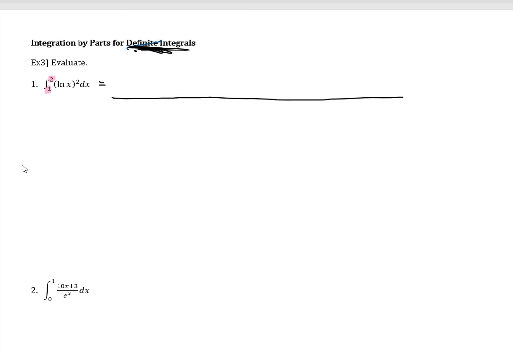But it's usually best to just do it without them first, and then we'll use this answer to help us with this definite integral. So it's usually best to just do it as an indefinite integral. That's our first step, and then step 2, we'll use this answer to come back to the definite integral.